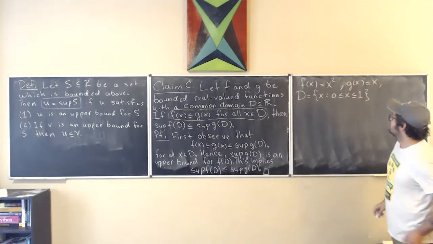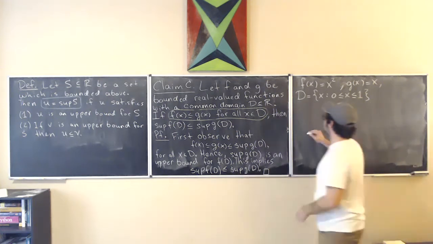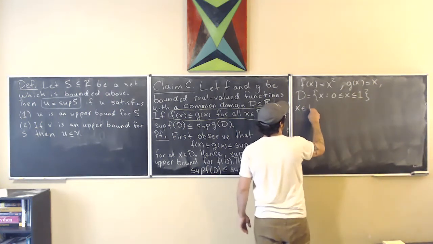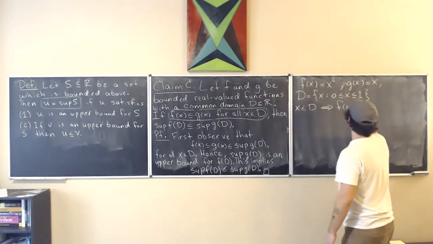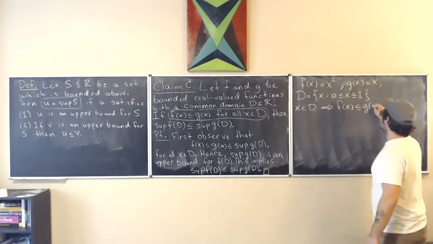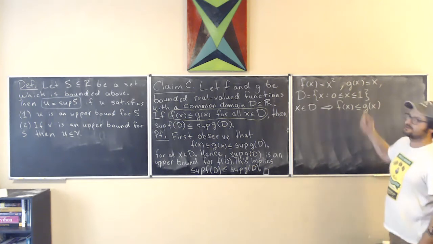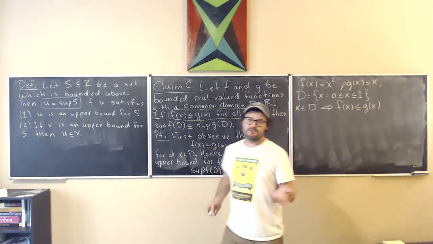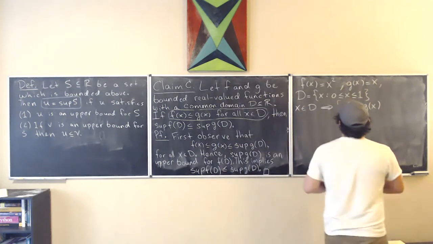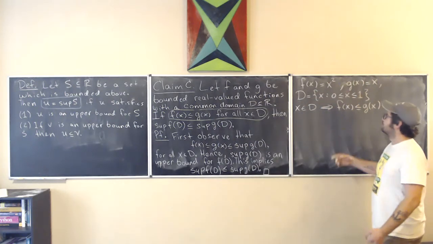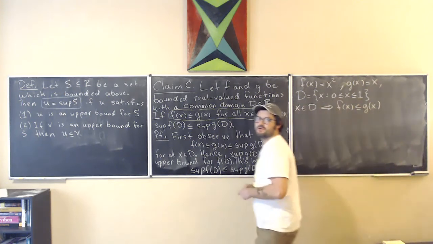Okay, so notice now that for any choice of x that we pick in that interval, this implies that f of x is at most g of x, right? For example, if you pick x to be a half, then f of a half is 1/4, and g of a half is a half. So this bound holds for any x that you pick in that interval.